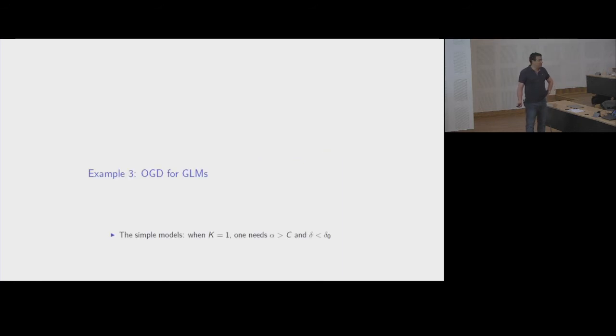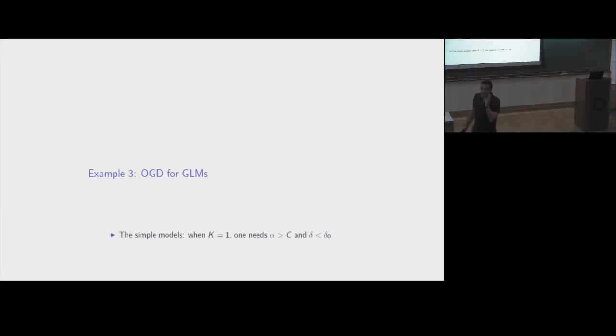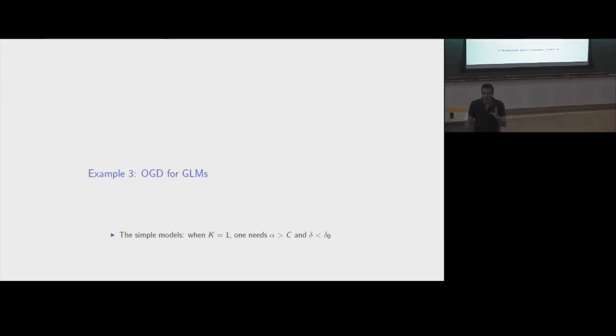This is essentially the last thing to say, which I mentioned quickly last time. So the simple models correspond to k equal 1. Again, in the p-spin model, or the tensor case, it would correspond to p equal 1. So think of tensor PCA when p equal 1. It's just linear regression for vectors, right?